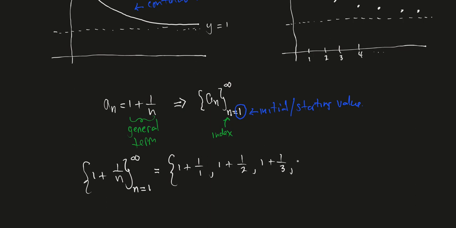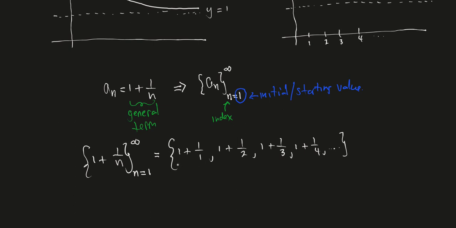I'll write one more term, 1 plus 1 fourth, and to indicate, and this is important, that this goes on forever, we use our ellipsis. It just means and so on, and then we can close it. So you can have a notation like this, which indicates the general pattern in the sequence, where it starts, and that it's never ending; it's always infinite.